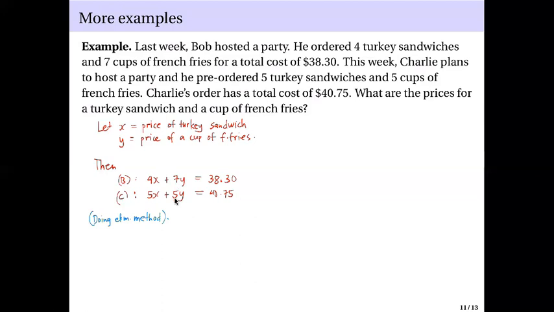So in order to have the same coefficient for the variable x, what we're going to do is multiply 5 in B and also multiply 4 in C.